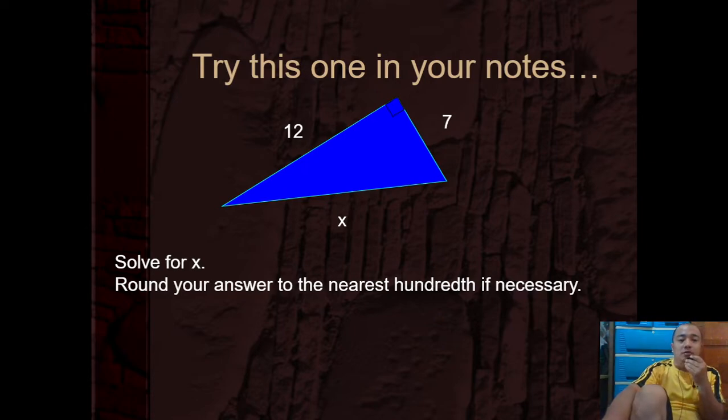Try this one in your notes. For x, round your answer to the nearest hundredths. Again, the hypotenuse is missing, yung x. So 7 squared plus 12 squared, 49 plus 144.